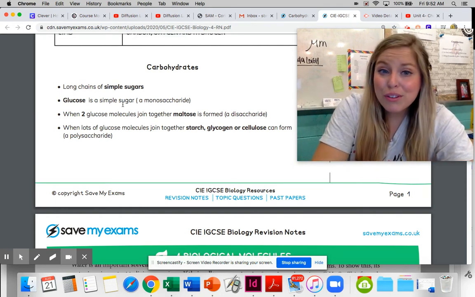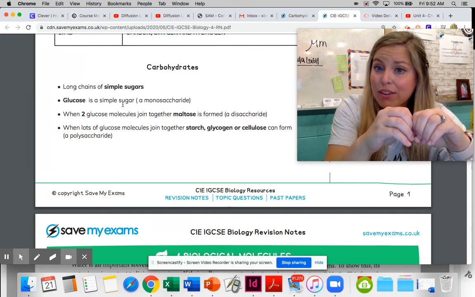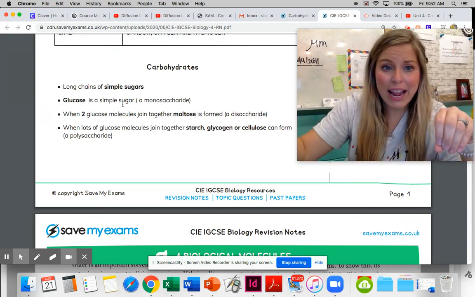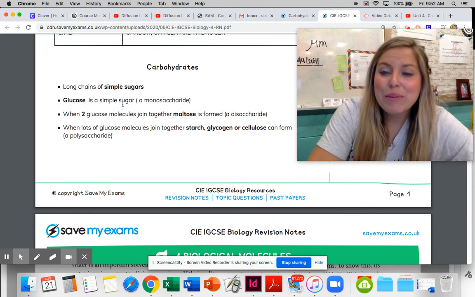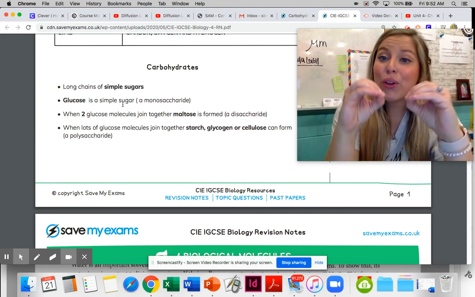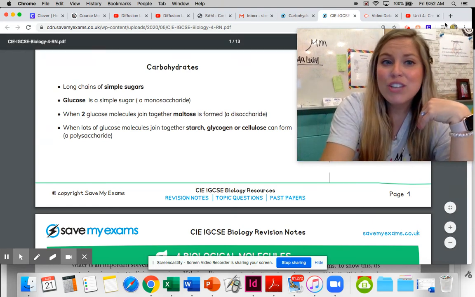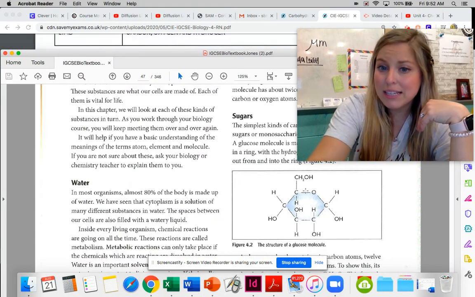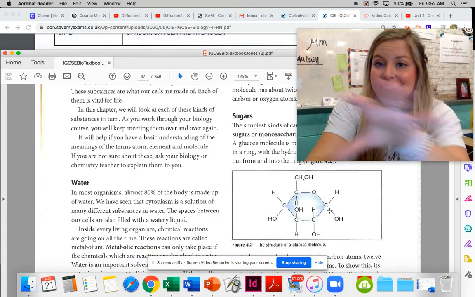When we have two glucose molecules, they can join together, so all of these molecules can ultimately form bonds and make a little chain. When they form together, we would call it a disaccharide, something like maltose or even sucrose. So that is when two of those shapes form together. There would be another one that comes in here and bonds to the next side of it.